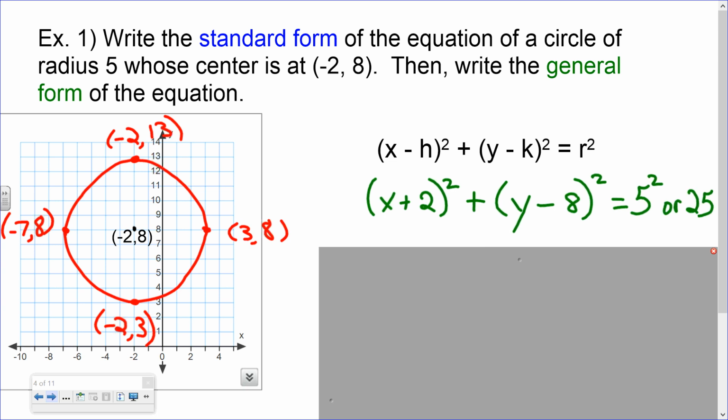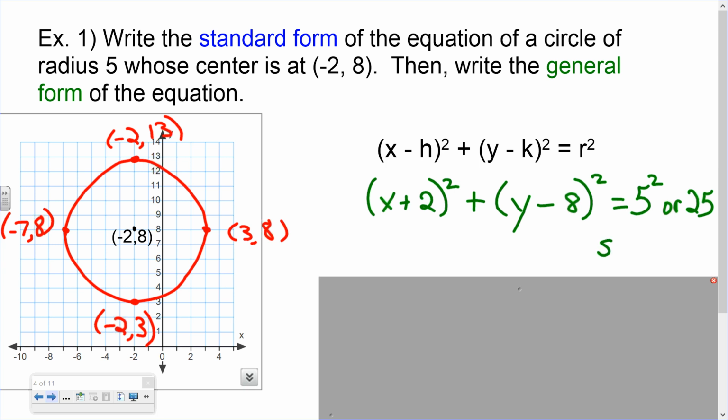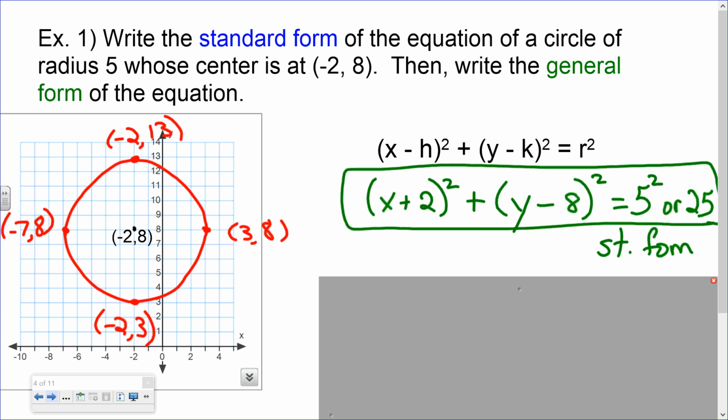I'll take that either way. But do you see how it looks like the opposites of these are the coordinates of the center? And that is our standard form, and when we're asked for both, we need to make sure that we label which is which.